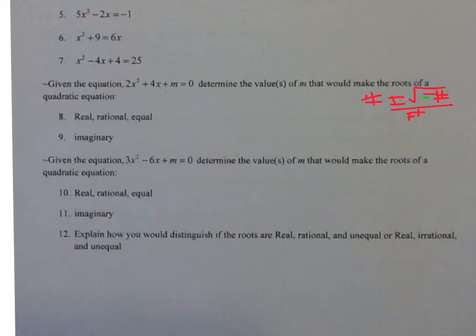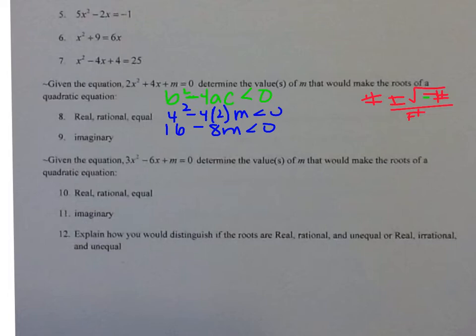So that would mean the discriminant, b squared minus 4ac, to represent a negative number, it has to be less than 0, because every number less than 0 is negative. So we have 4 squared minus 4 times 2 times m has to be less than 0. So we get 16 minus 8m is less than 0.